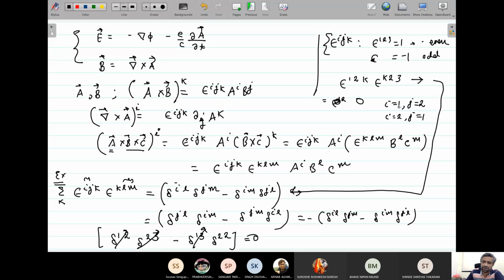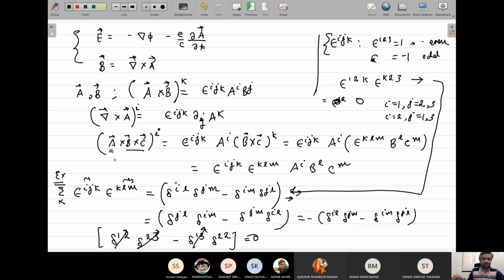If I equal to 3, then j can be 2 or 3. If I equal to 2, then j can be 1 or 3, and so on. You take all these values of I and j, you take all the values of L and M, so that you reproduce the same result with this expression. That I will leave it as an exercise.